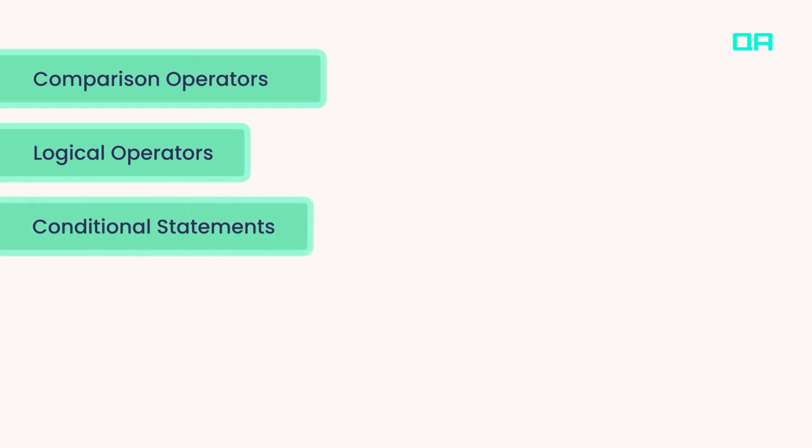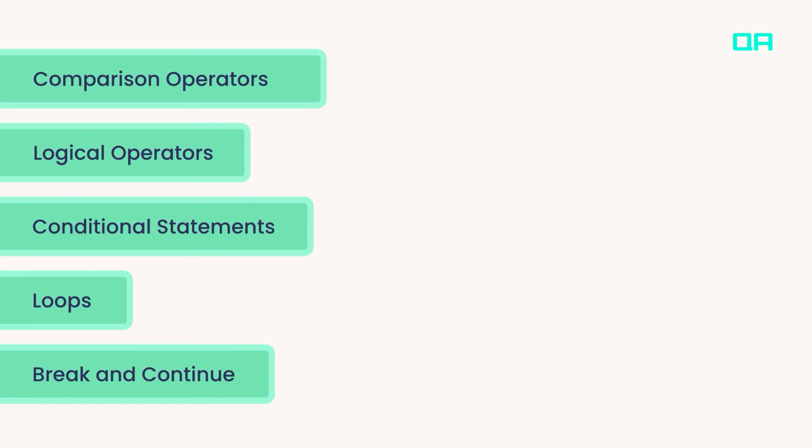You learned about conditional statements like if and switch for making decisions in our programs. Then you learned about loops for executing code repeatedly. We looked at 4 types of loops: for loops, while loops, do-while loops, and for each loops. And finally, we looked at the break and continue statements for breaking or jumping to the beginning of a loop. I hope you learned a lot and have been enjoying the course so far.